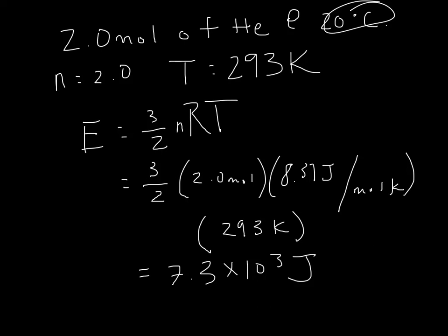But what is the average kinetic energy per molecule? We'd need a different equation so that we can solve for the per molecule kinetic energy. If we use our equation that says that our kinetic energy, 1/2 mv squared, is equal to 3 halves times the Boltzmann constant times the temperature, then we can solve for the average kinetic energy per molecule.